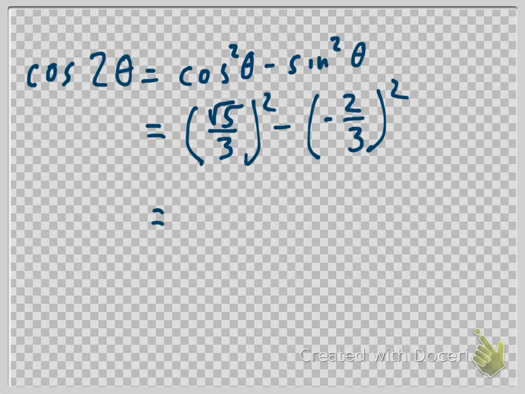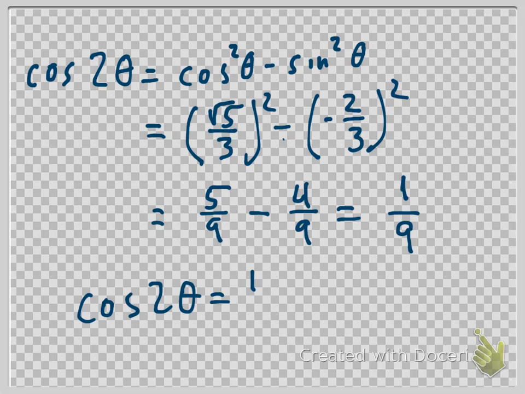So root 5 over 3 squared is 5 over 9, and then subtract 2/3 squared. Even though it's negative, it'll be positive, but I am subtracting, so it's 5 over 9 minus 4 over 9, which is equal to 1/9. So that's it. The cosine of 2 theta is just equal to 1 over 9.